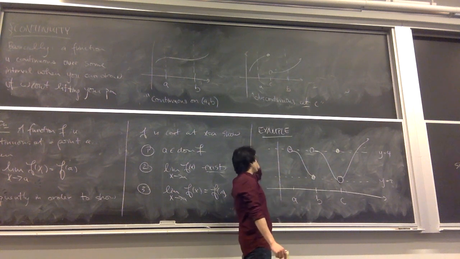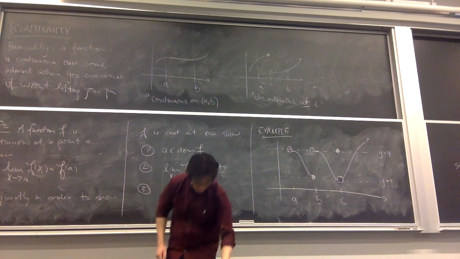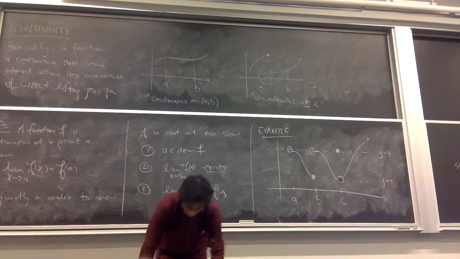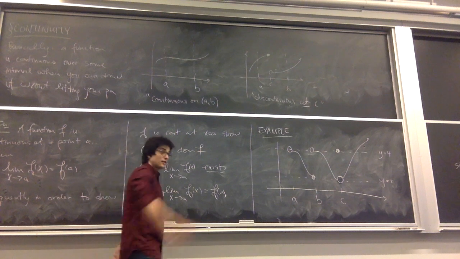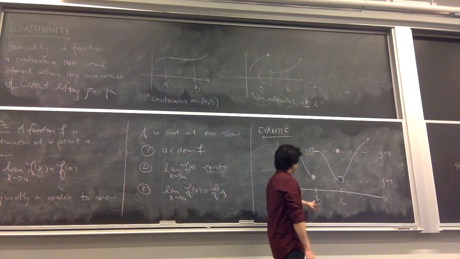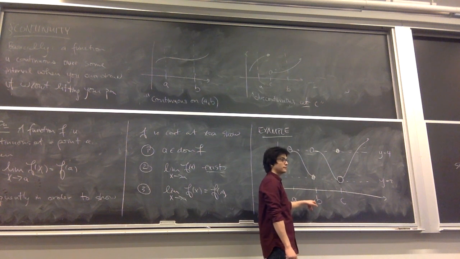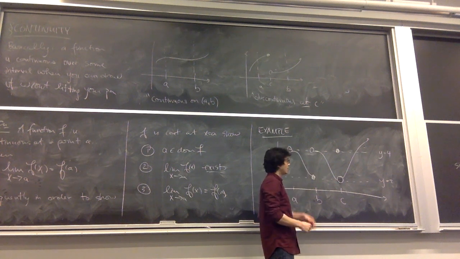Where is this function discontinuous? At B and C. Why is it discontinuous at B? Because you started the function already, and then you... That's intuition. You got to give it to me strictly.